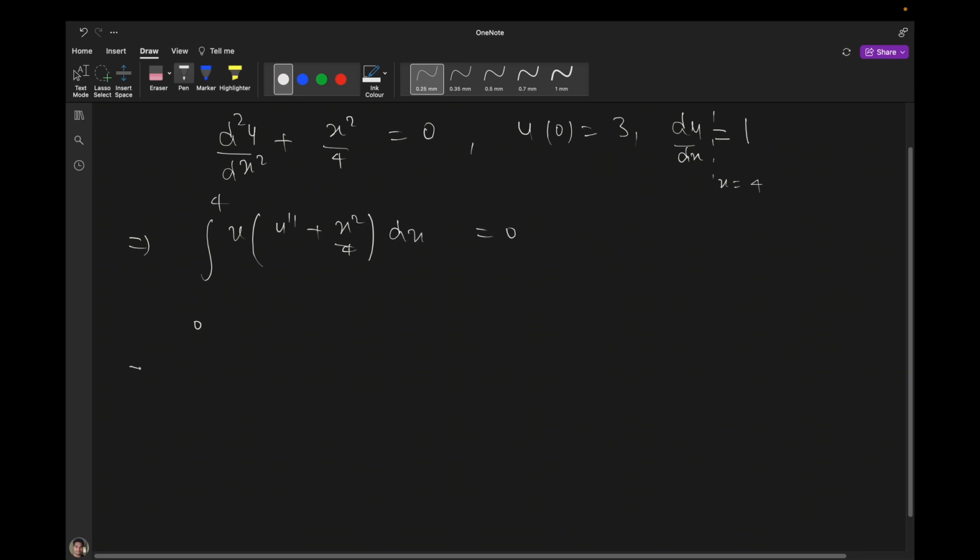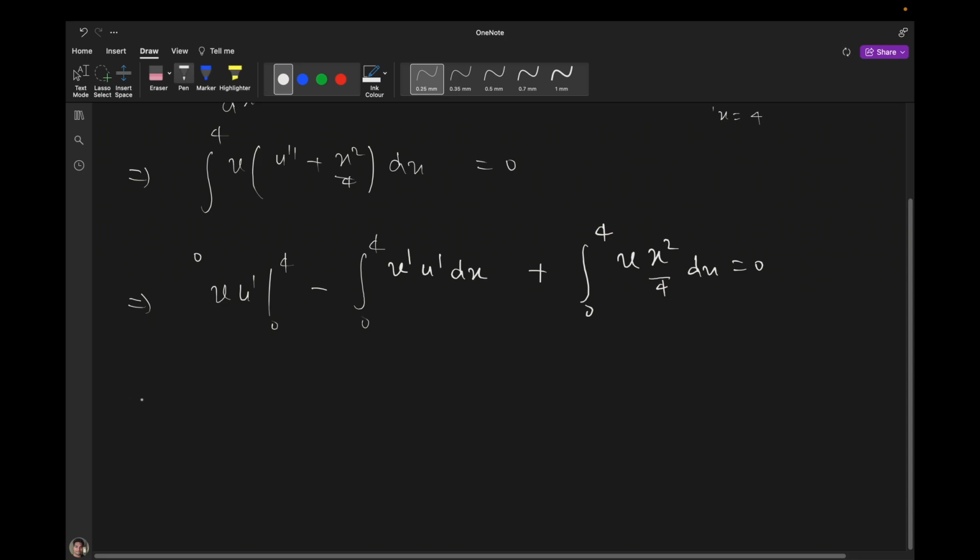Then I will apply integration by parts, and you will get v u dash from 0 to 4 minus integral 0 to 4 of v dash u dash dx plus integral 0 to 4 of v x square by 4 dx equal to 0.